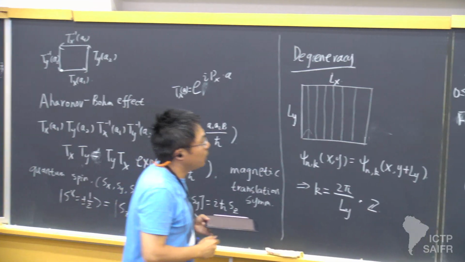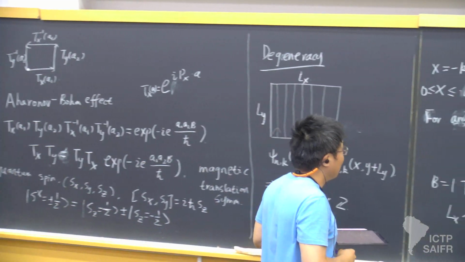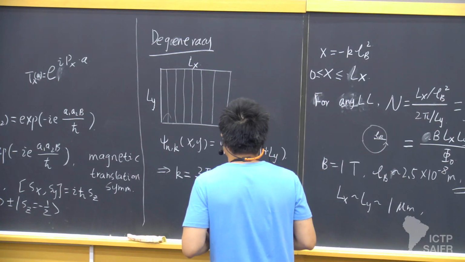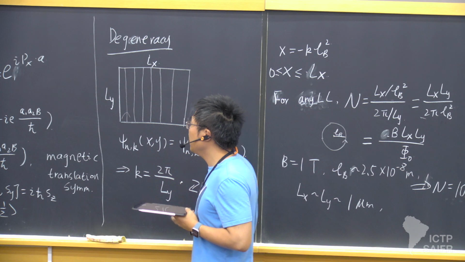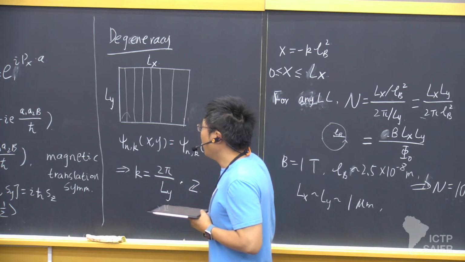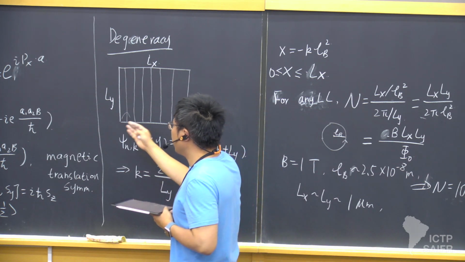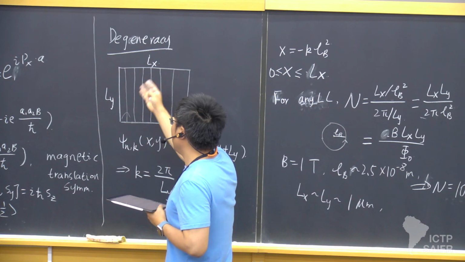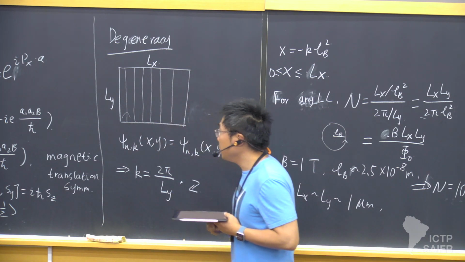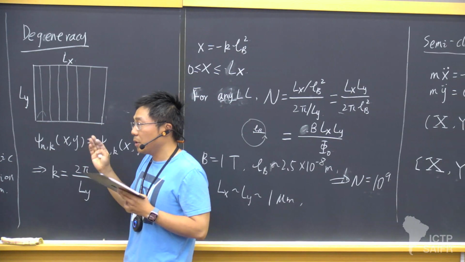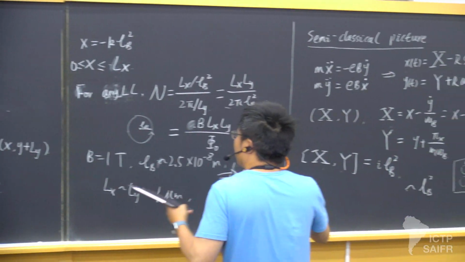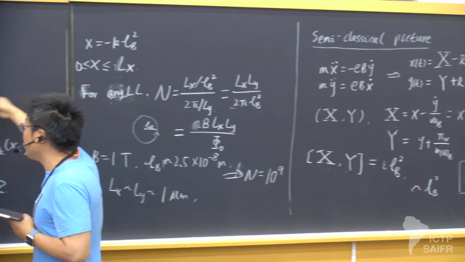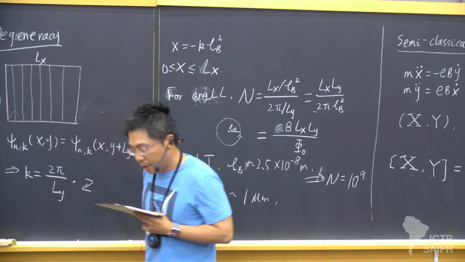Although I explained that you don't really break the translation along the x direction because you have massive degeneracies. You can superpose them together to get a state that preserves translation along the x direction. But still, this answer doesn't look quite symmetric.